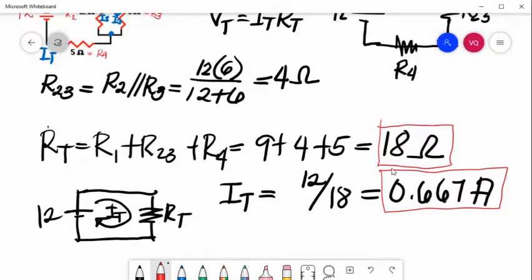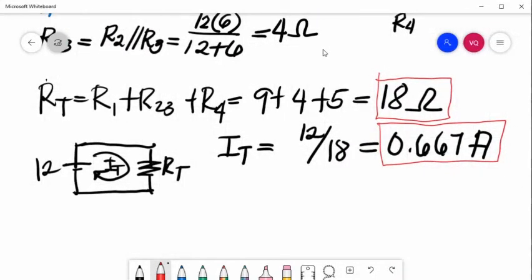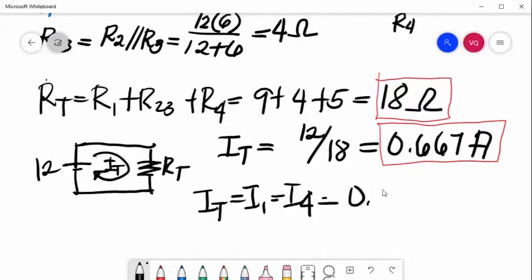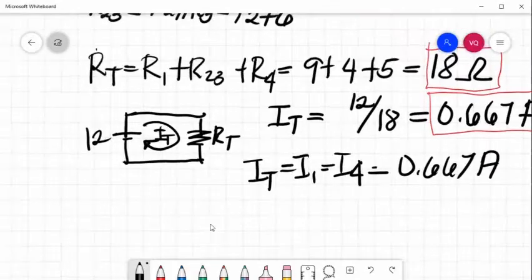Now, how will we solve the current in R2 and R3? But first, IT now is equal to I1 is equal to I4 equal to 0.667 ampere. So using CDT, solving now the branch currents I2 and I3.